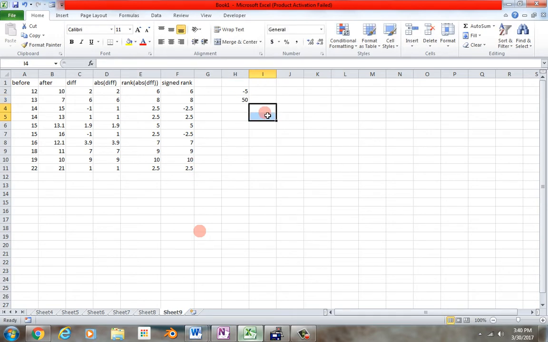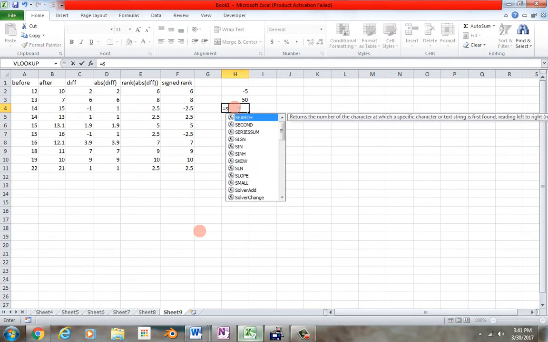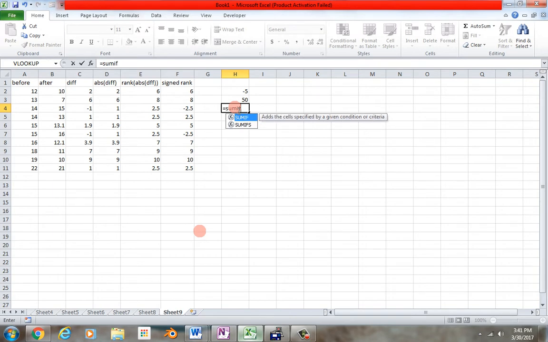Okay. Just a minute, that's going to bother me. You should be able to do that easily. Equals SUMIF. I want to sum up this range, comma, I think it needs to be this, greater than 0.